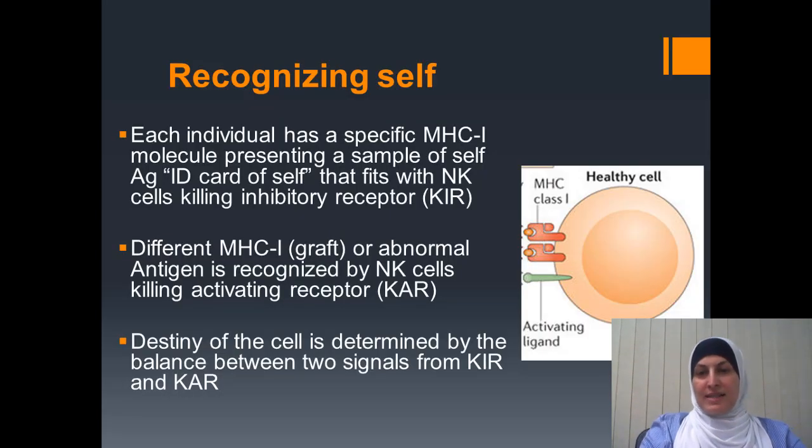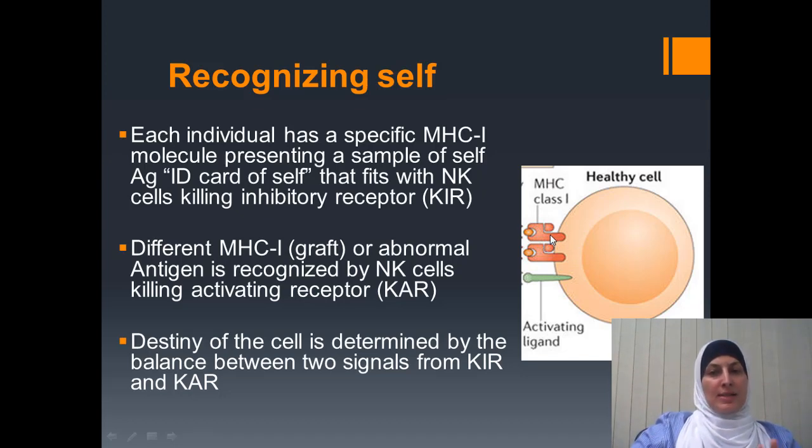So how do cells recognize self? This image shows the healthy cell, and this is the MHC molecule, class 1 MHC molecule, because we have another class, which is class 2 MHC molecule, that is located and presented on immune cells. We will discuss this in the coming lectures, but this is the MHC class 1, okay?